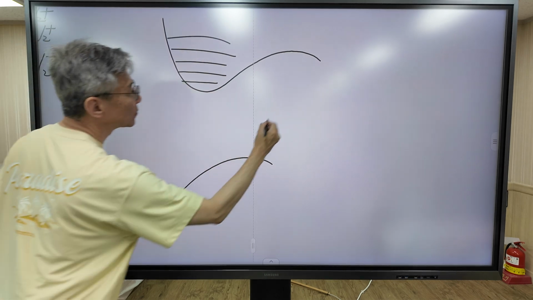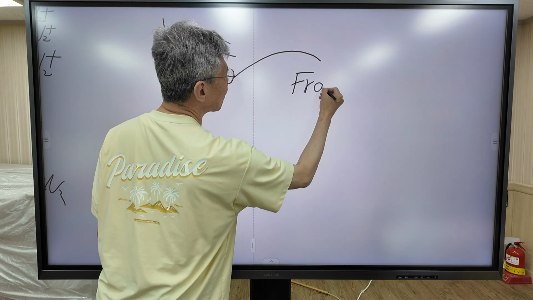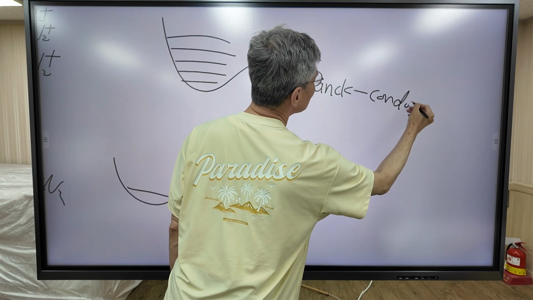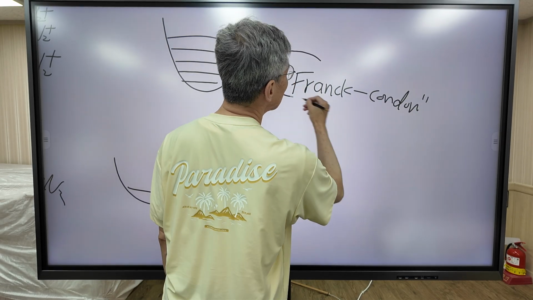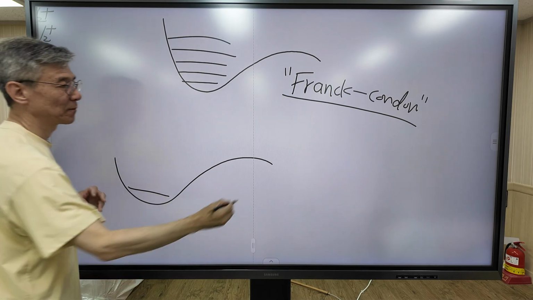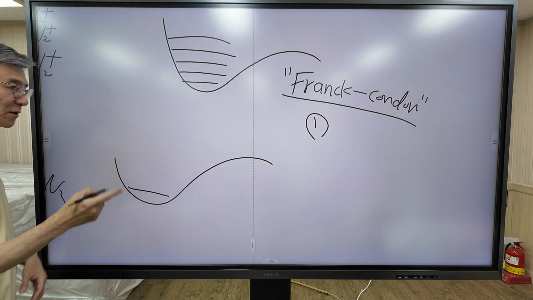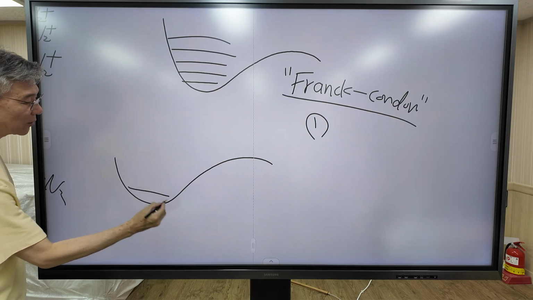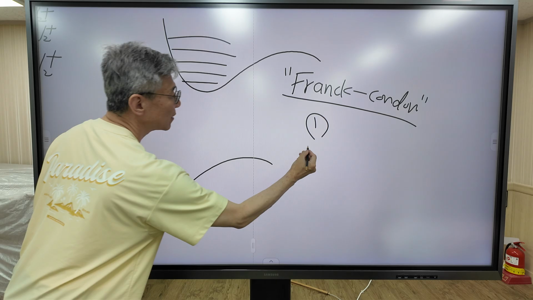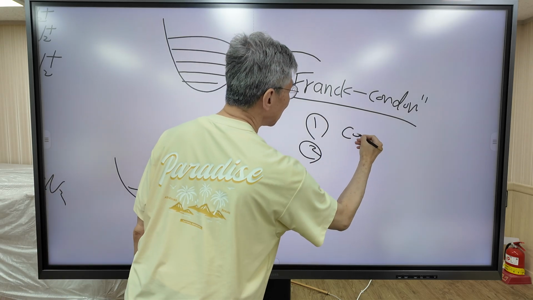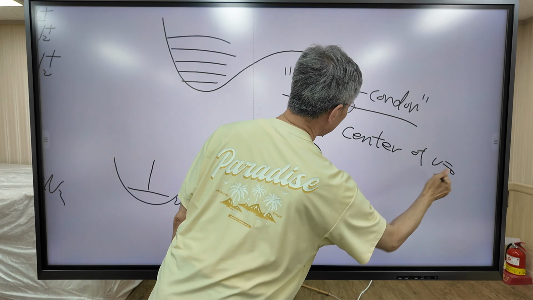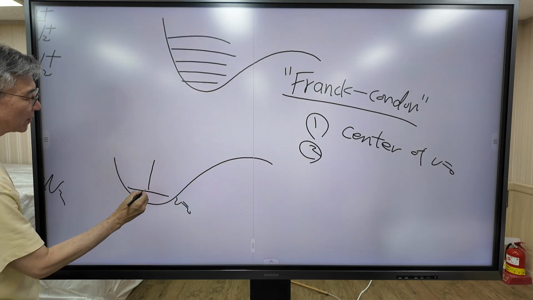So according to the Franck-Condon principle, the most intense transition satisfies three conditions. The first condition is that it begins at the center of the V equals 0 state. And the second condition is that it proceeds vertically.